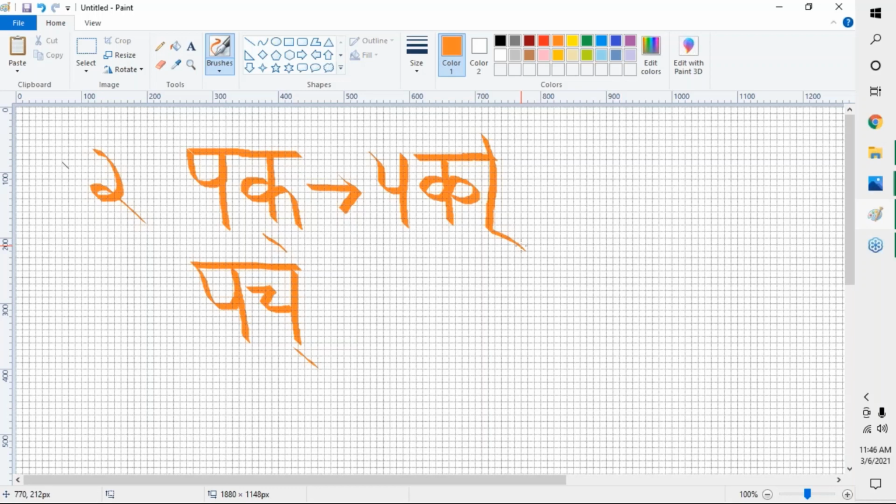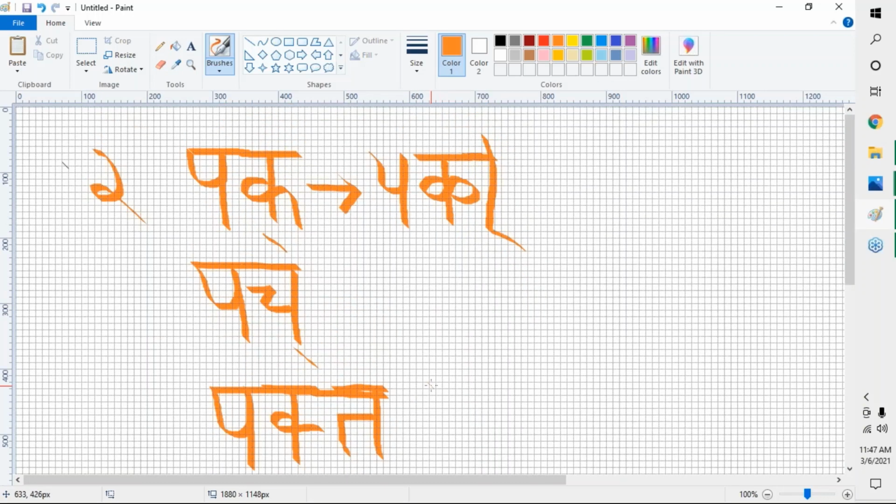So always, now suppose there is a word, the same thing. How is it different? Suppose, for example, what is the difference between these?